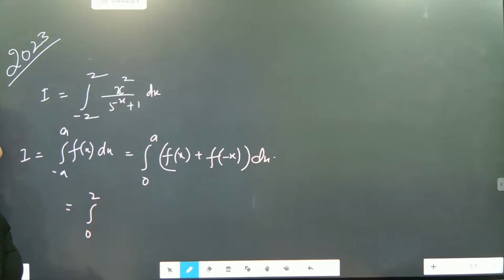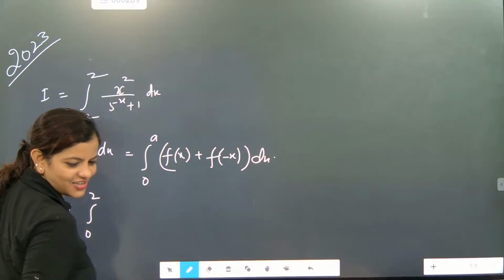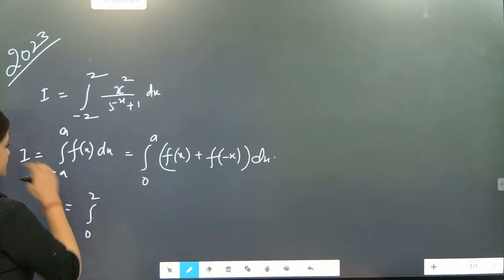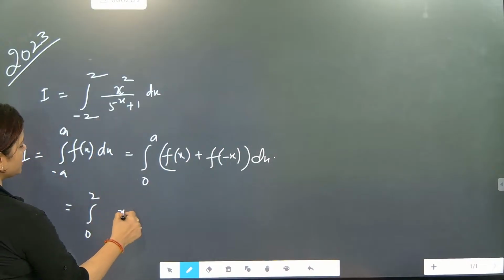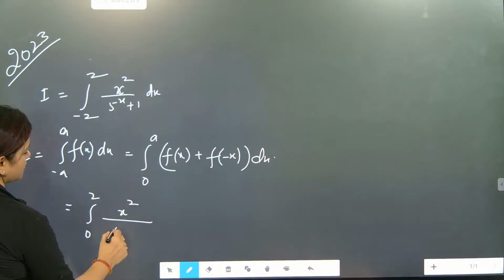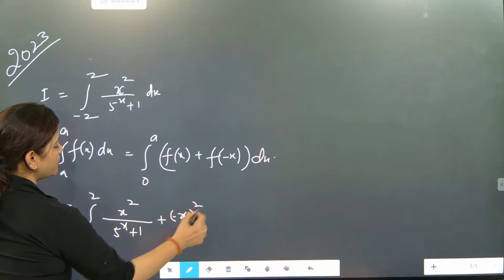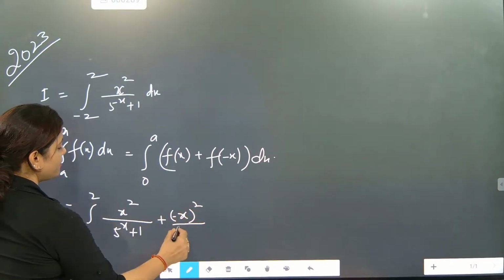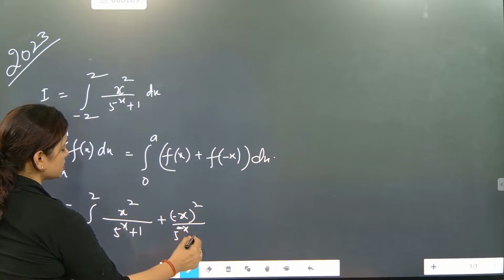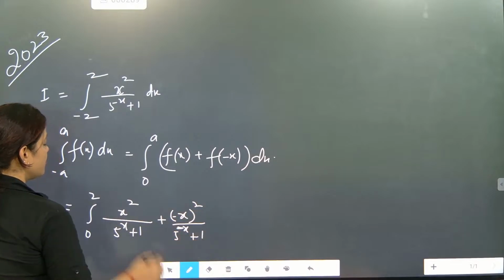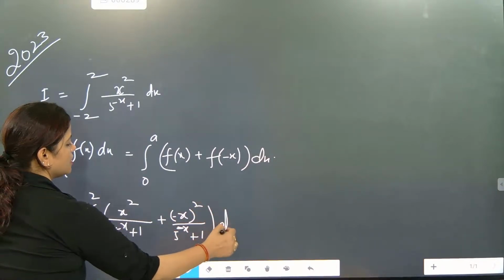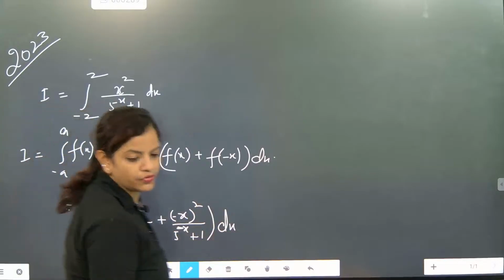Hey, but I'm going to solve now. Look here, property again, minus a to a, it will become 0 to a. Just asking you the solution. Now here f of x will become the same. Now here minus x square will come, 5 to the power minus x plus 1, wherever x is there that will change, so 0 to 2 will come.